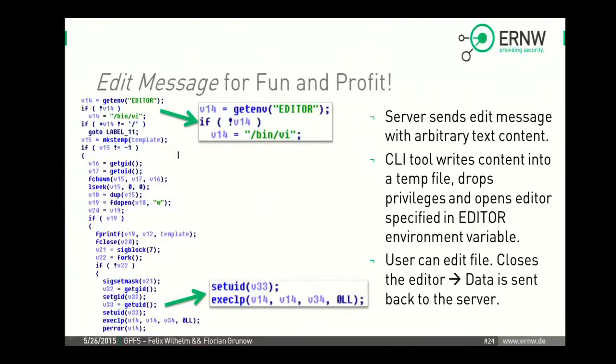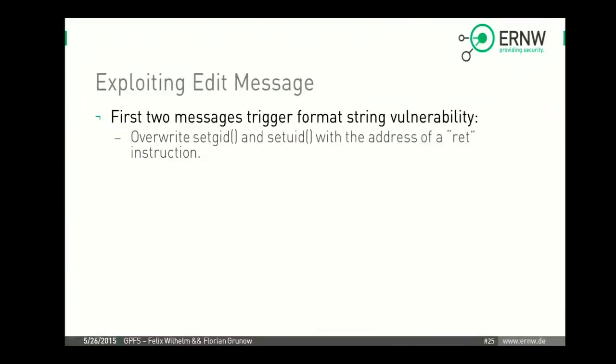So the user can edit the file or the message, save it, exit the editor, and the data is sent back. What we're going to do with this now is send 3 messages. The first 2 messages will override setgroups and setuid with the address of a ret instruction, which basically means that we are going to knock out setgroups, setuid.